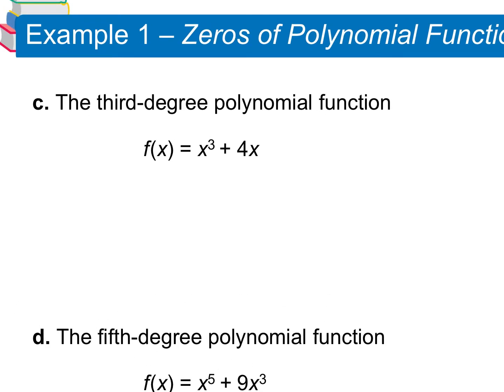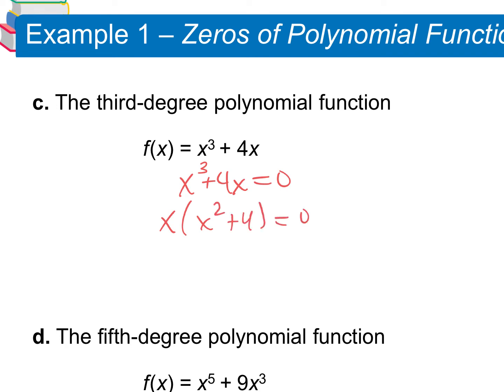So if we look at the third degree polynomial, if I'm going to find my zeros, how do I solve this? X cubed plus 4x equals 0. So what do I do? I'm going to factor out an x. Good, GCF. And I'm left with x squared plus 4 equals 0. Agreed? All right, how many answers do I have?